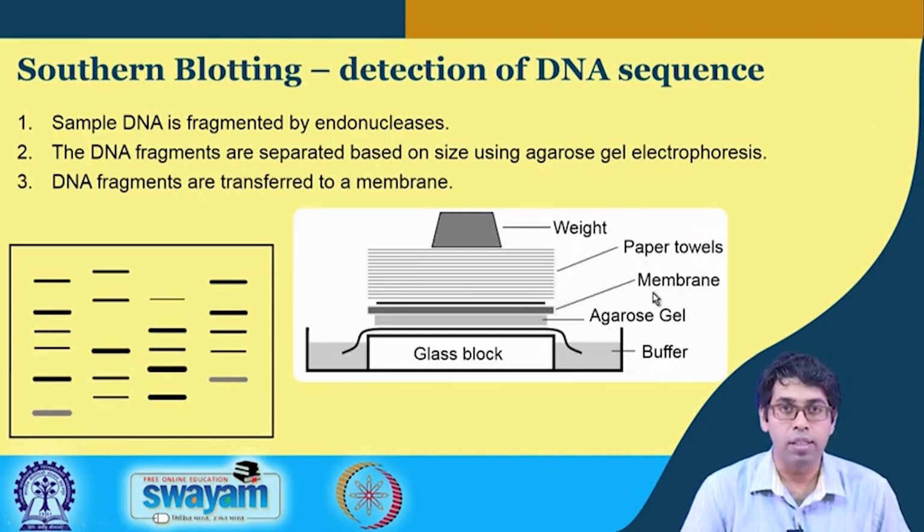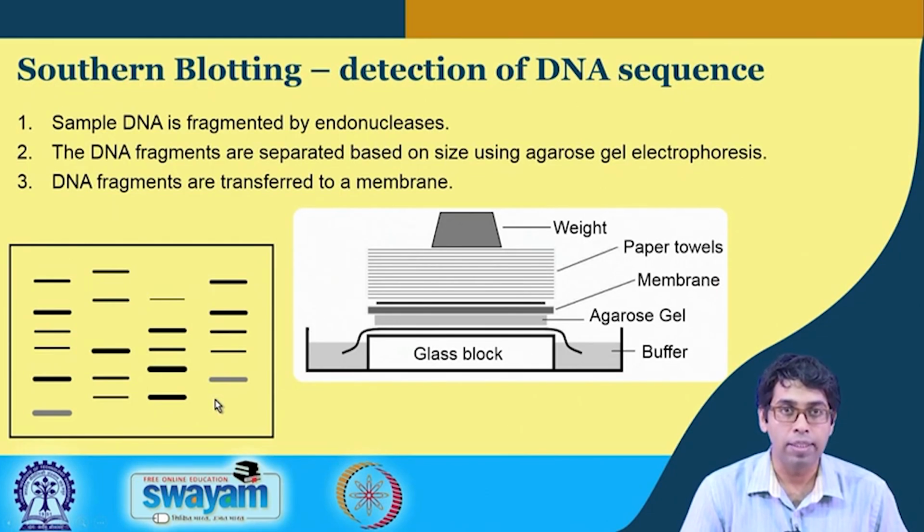So the way it is done is just by using this membrane. This is a very crude setup that you can use, where this is a glass block. It is just a support on which the agarose gel is kept, and this agarose gel is the same gel that we have run.